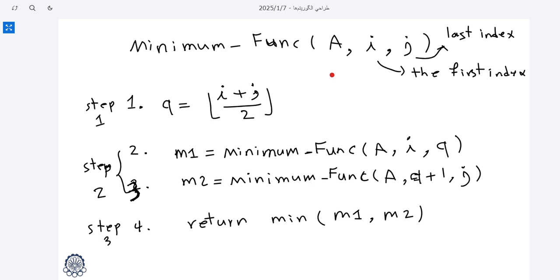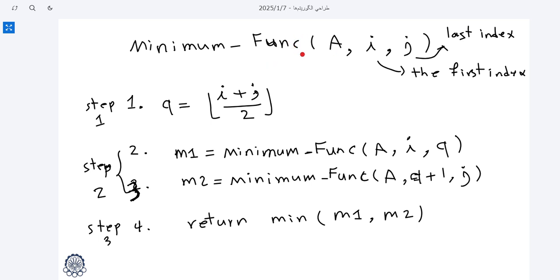I will explain again, but before that, I should mention a note. Because in the divide and conquer approach, in step 2, the algorithm recursively calls itself, we should add a stop condition to the algorithm.